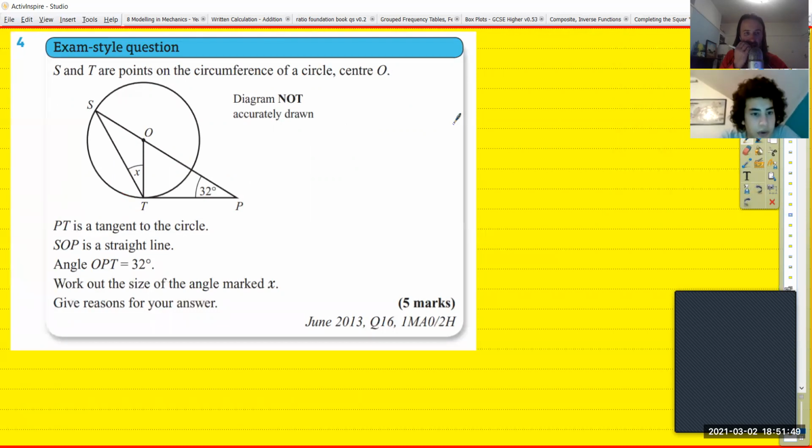Outside is the angle marked x. So T is 90.